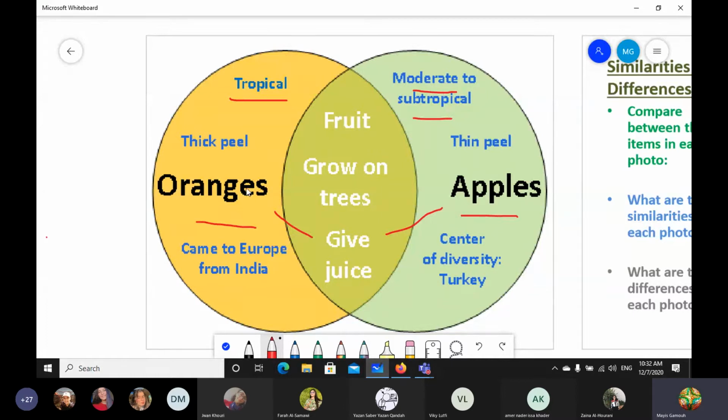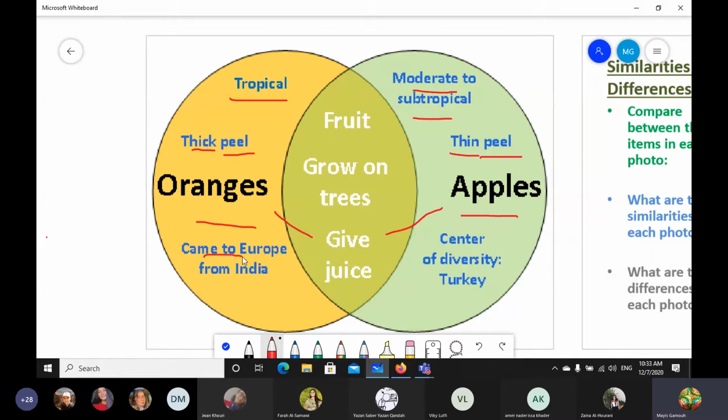Okay? Now we're going to talk about the peel. Peel, which means القشرة. Oranges have thick peel, but, see, I use the word but in order to make a contrast. Apples have thin peel. The origin. Where did oranges come from?